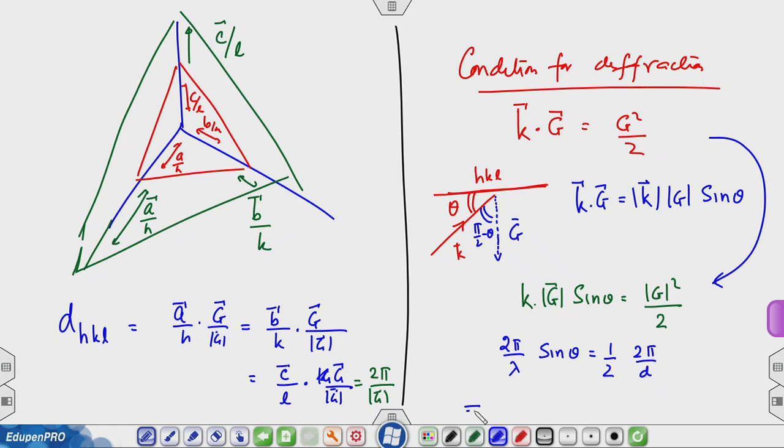So, this gives you right away that 2 d sine theta equals lambda. So, what we have shown is that the condition k dot G equals G square by 2 is equivalent to 2 d sine theta equals lambda, which is the Bragg condition.